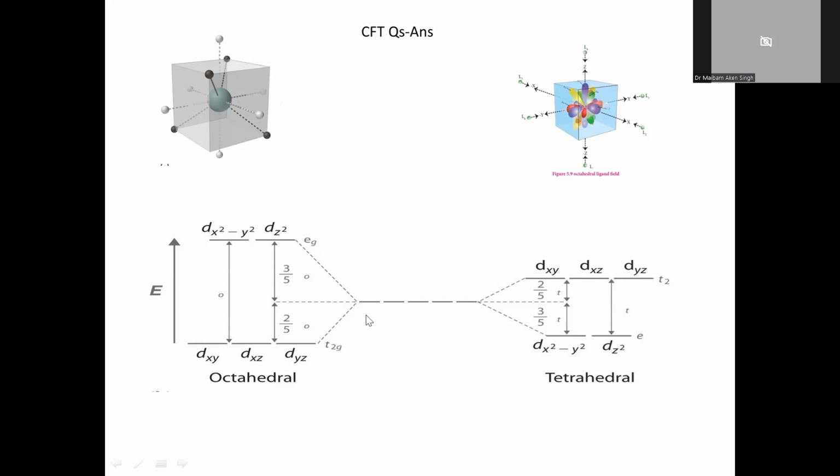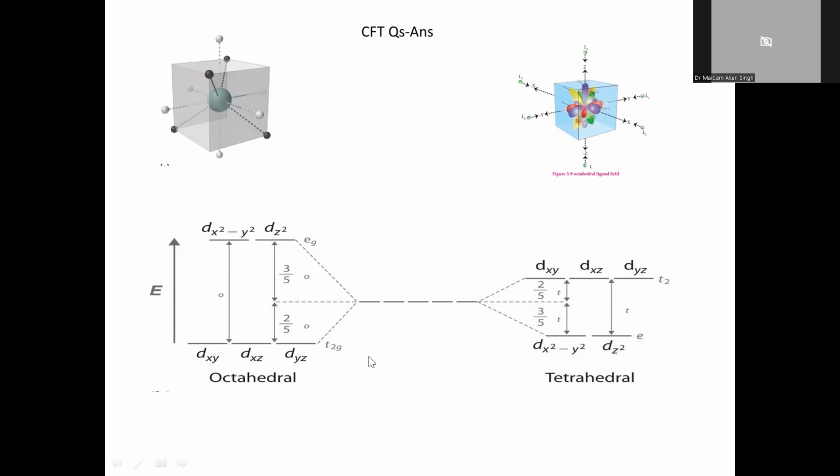Here are the five d orbitals, d1, d2, d3, d4, d5, but we give them the names dxy, dyz, dxz, and dx square minus y square, and dz square. In this figure, this is tetrahedral and this is octahedral.